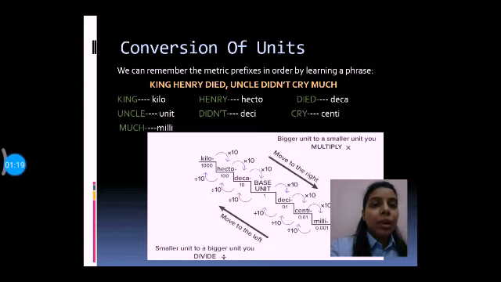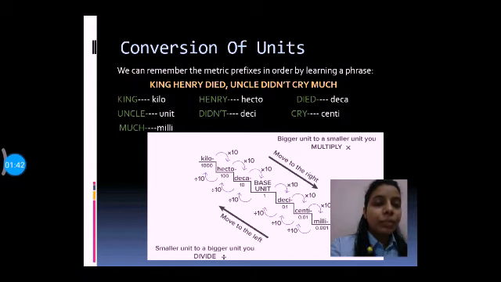My first metric prefix will be kiloliter, then hectoliter, decaliter, base unit is liter here, then deciliter, centiliter and milliliter, right?